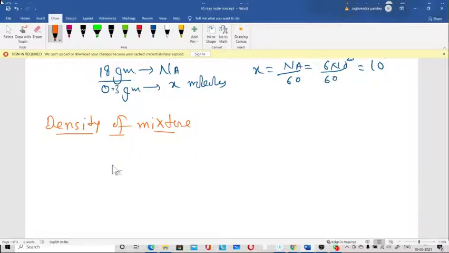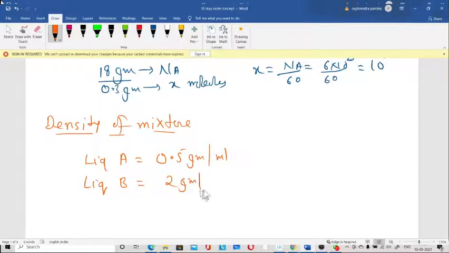Suppose you take liquid A with a density of 0.5 gram per ml, and you take liquid B with the density 2 gram per ml.